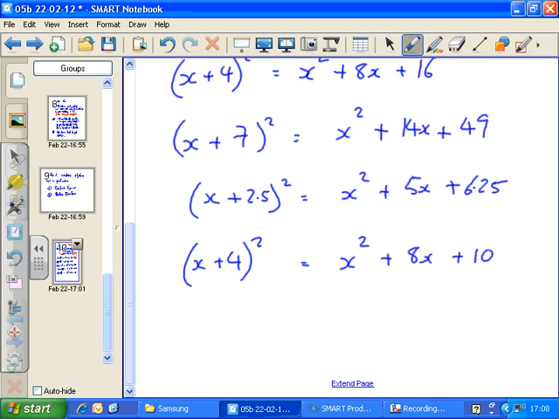And then minus 6. What does this number need to be? It needs to be 16. So I've got to add 6 onto here as well, plus 16.